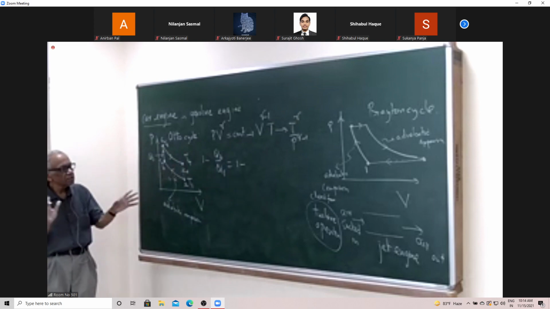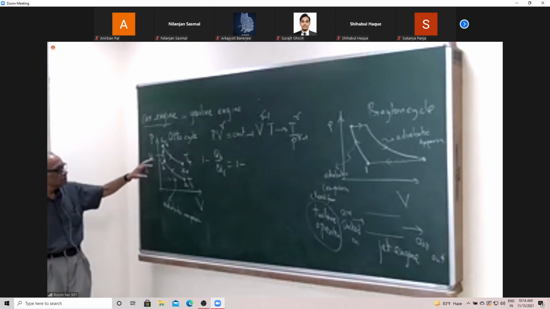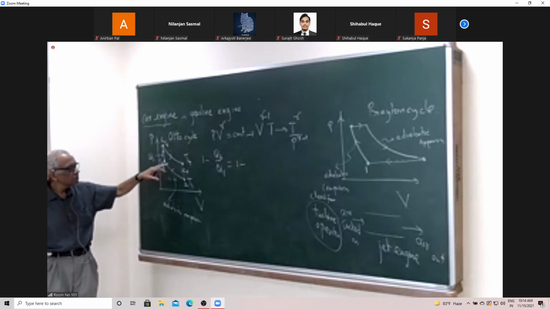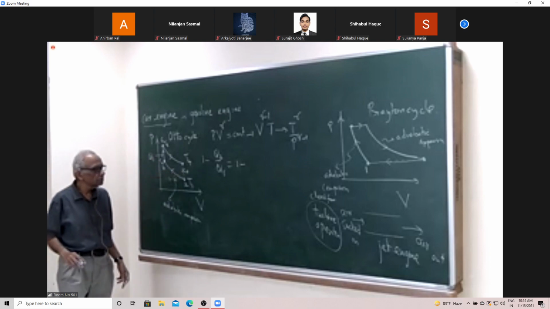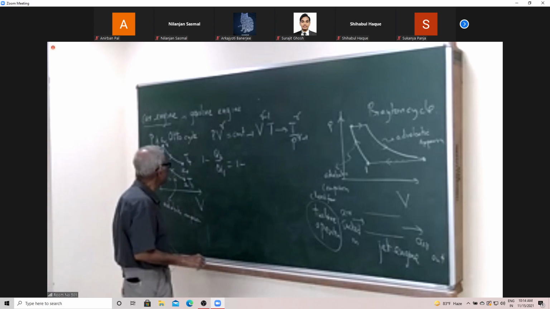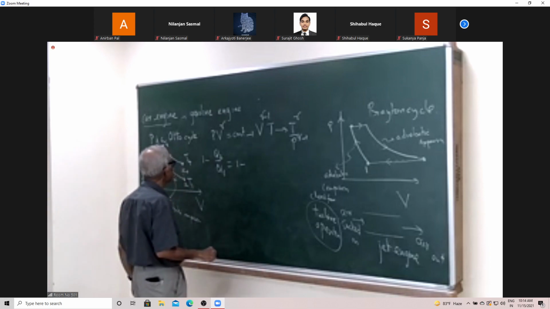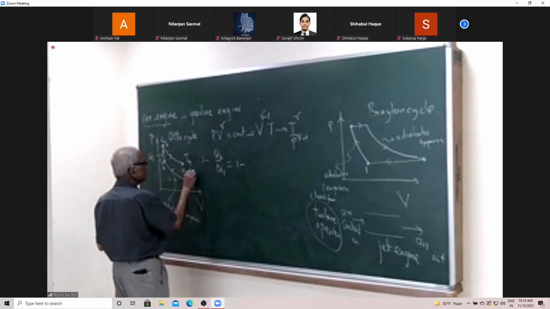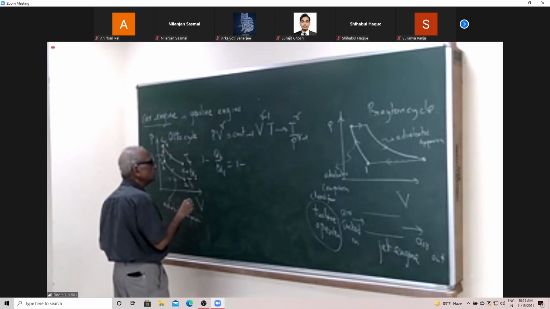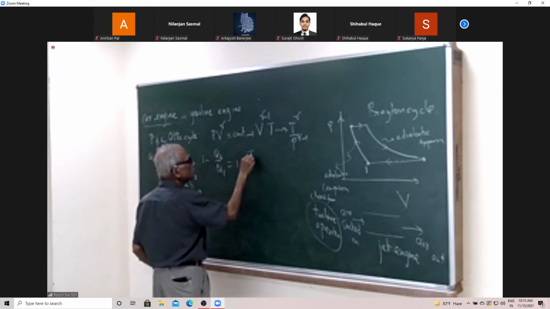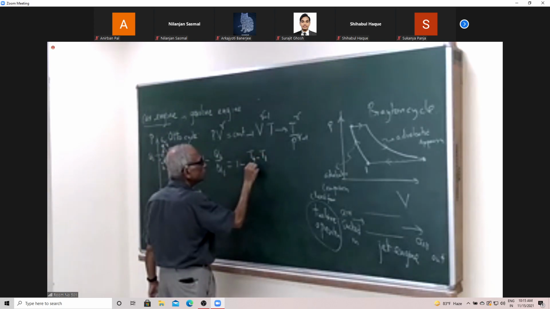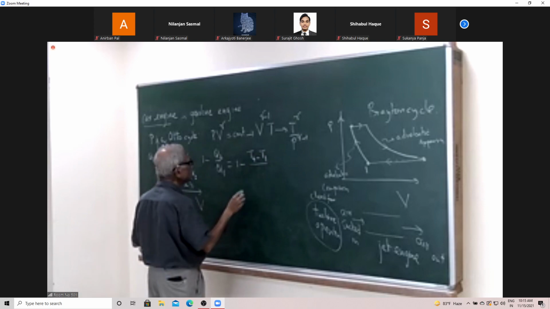The two adiabats are out of the picture, and what you are drawing in is Q1, and what you are leaving is Q2, this part over here. Q2 is going to be specific heat times T4 minus T1 over here. And so it is T4 minus T1 over there, and then it is T3.